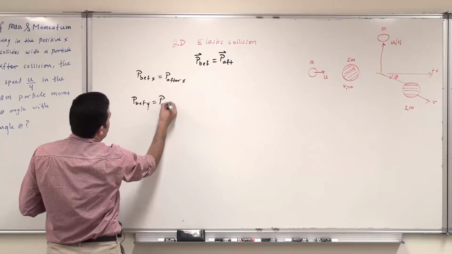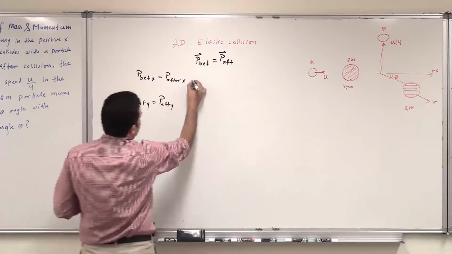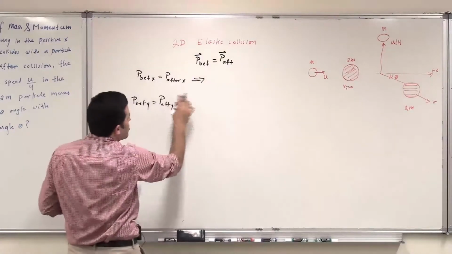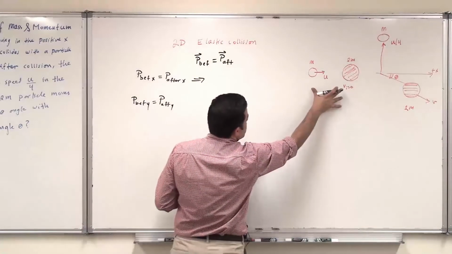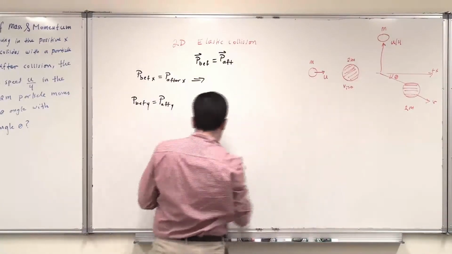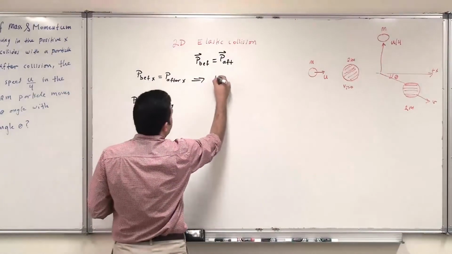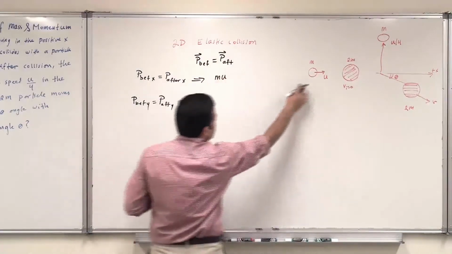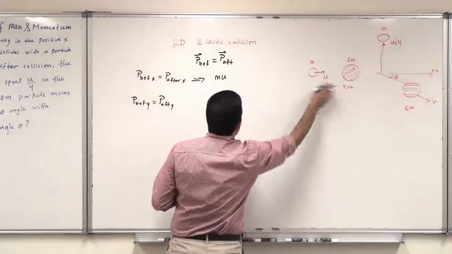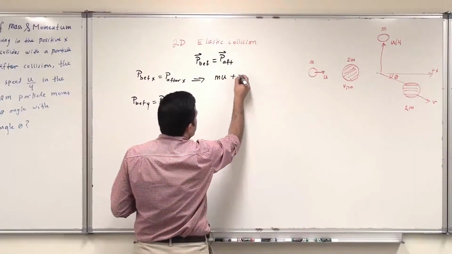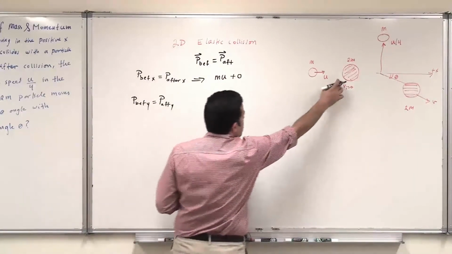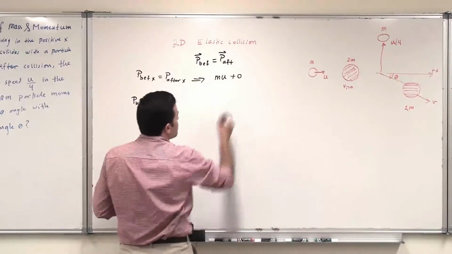As a result, the x momentum before is this momentum, which is m times u for this particle. This one is initially at rest, so its x momentum will equal 0.